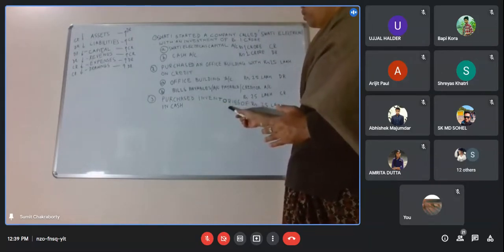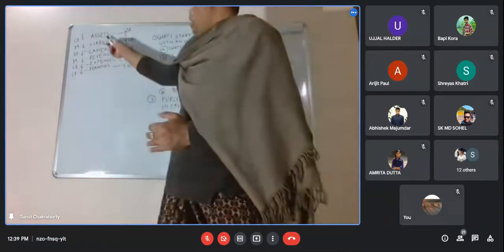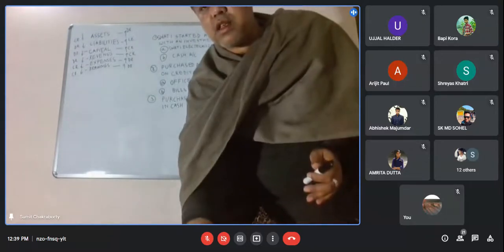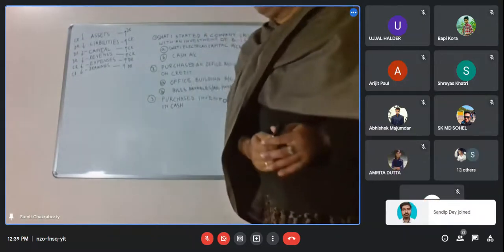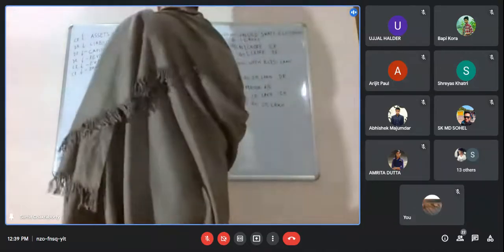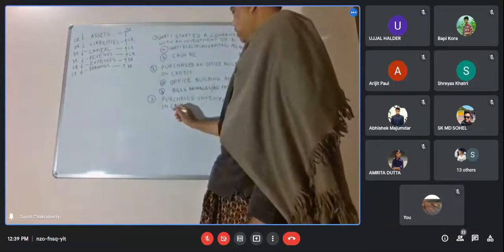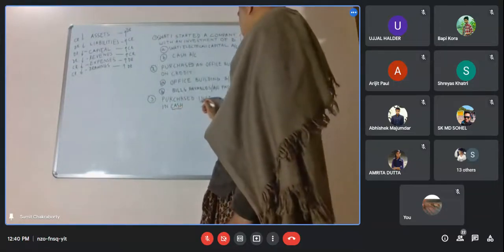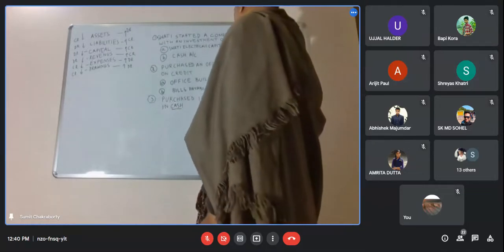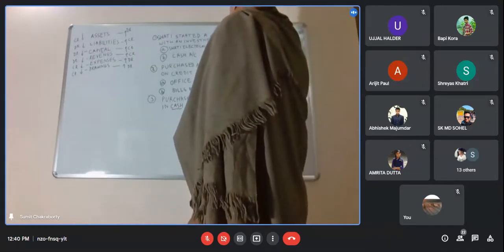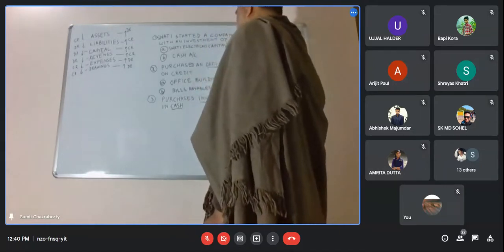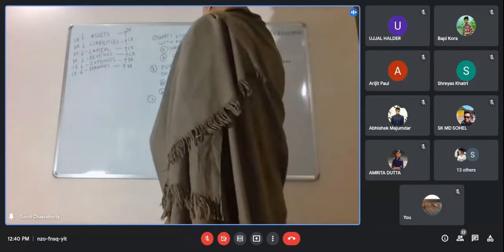So inventory account, inventory falls under what? Assets. Inventories fall under asset. Asset increase means debit. And another is cash account. Cash account and inventories account. The other is not written on credit, so not creditor.